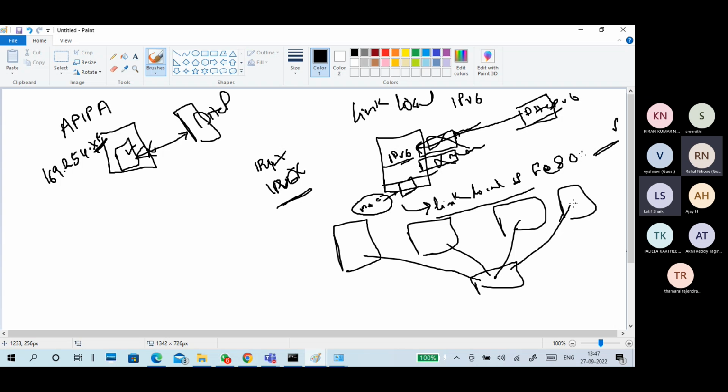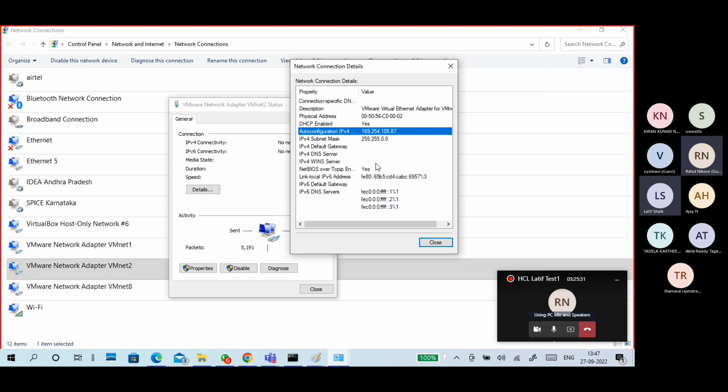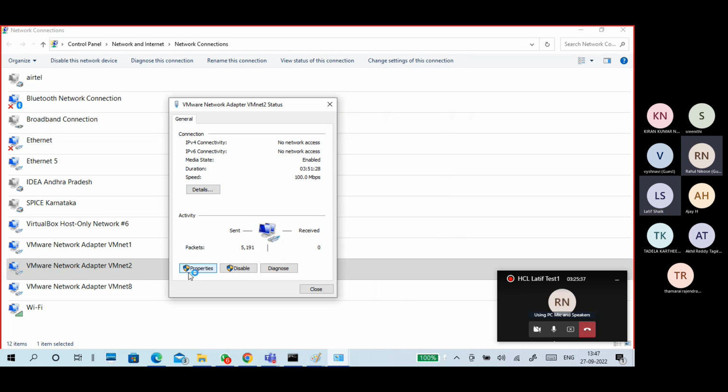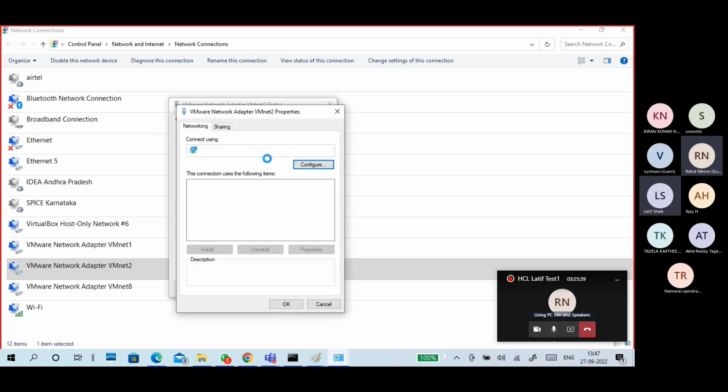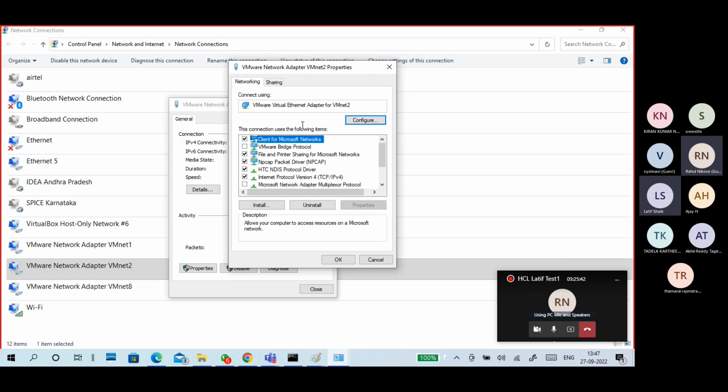So how will they communicate? Using these link local IP addresses. A link local IP address is not assigned by the user, it is assigned by the system only. But we can communicate using APIPA. We cannot communicate using this one.